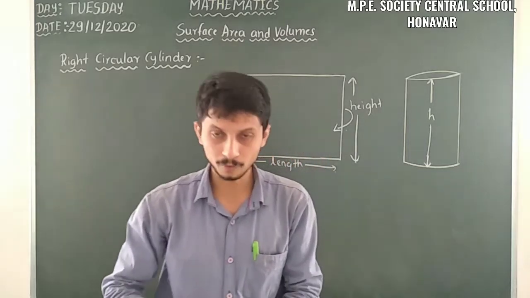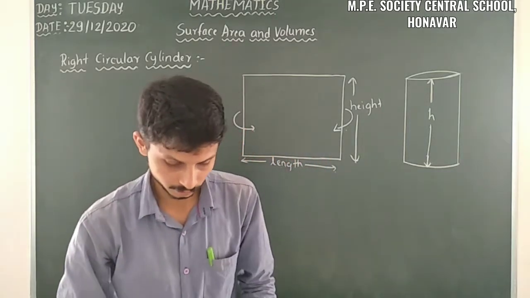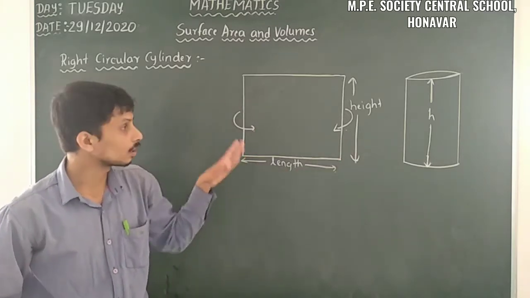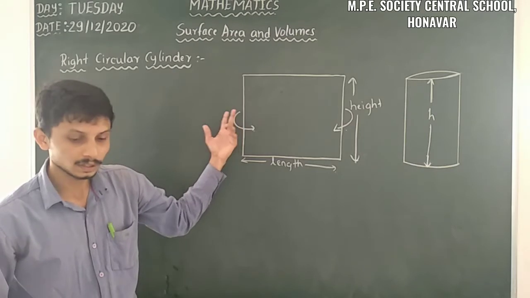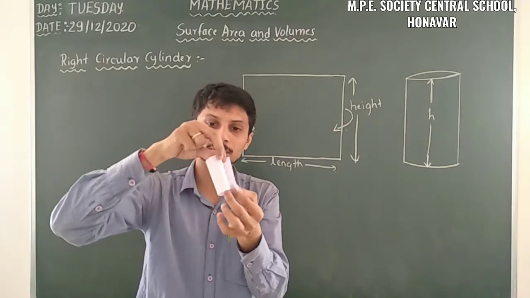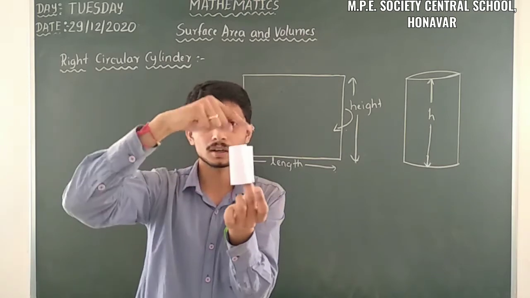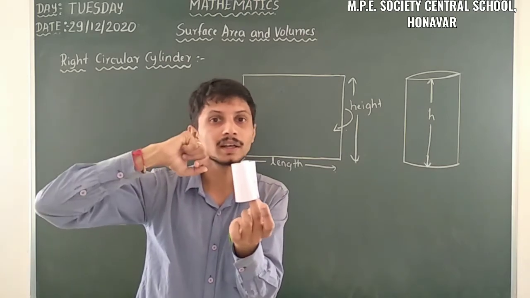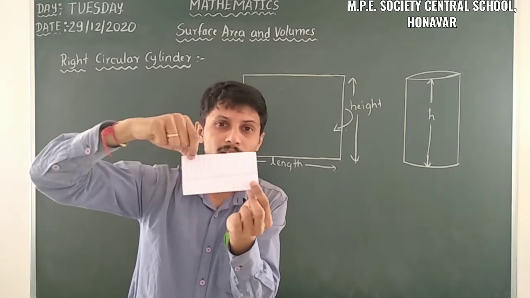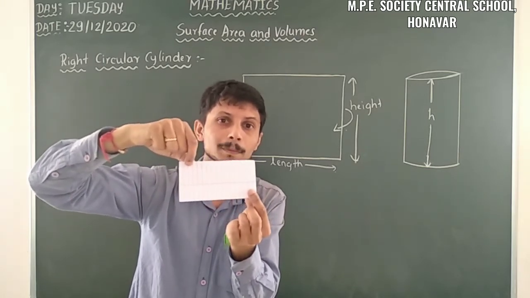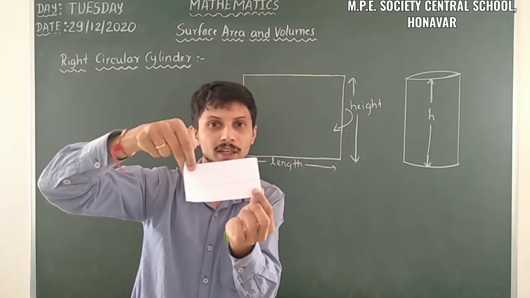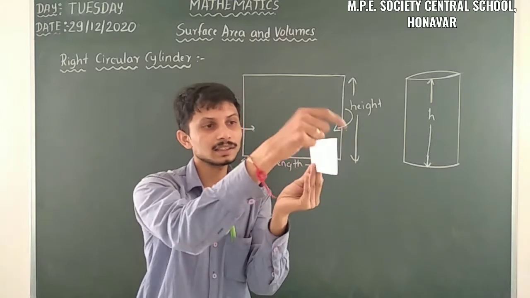So let us take that formula first. Just observe, we can relate this also. When we rotate both the ends, it turns into the curved surface area. So the curved surface area depends on the area of the rectangle, with this length and this height.